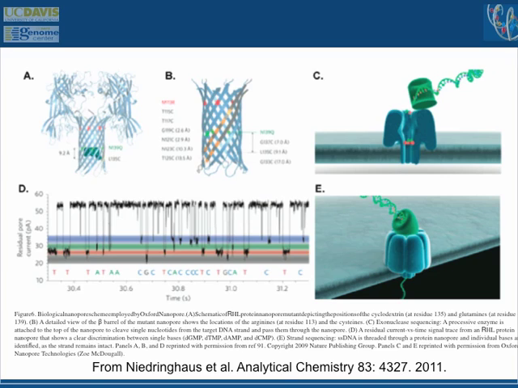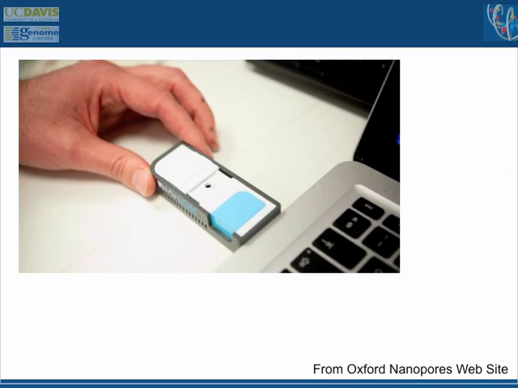Now, who cares? This is kind of boring until you get to the next part, which is what they announced. This is their sequencer. It is a thumb drive that can do DNA sequencing in the field and download the data to your laptop.